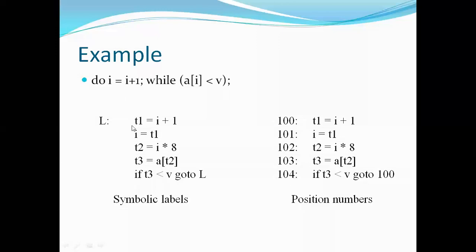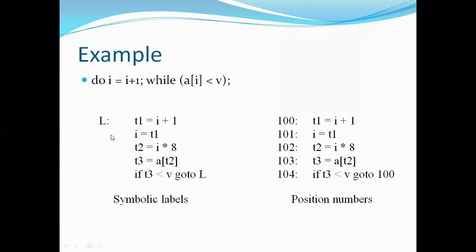And this is a symbolic label. For the lines of code in the language, I will prefer the position numbers, because with the position numbers, I will call the functions.